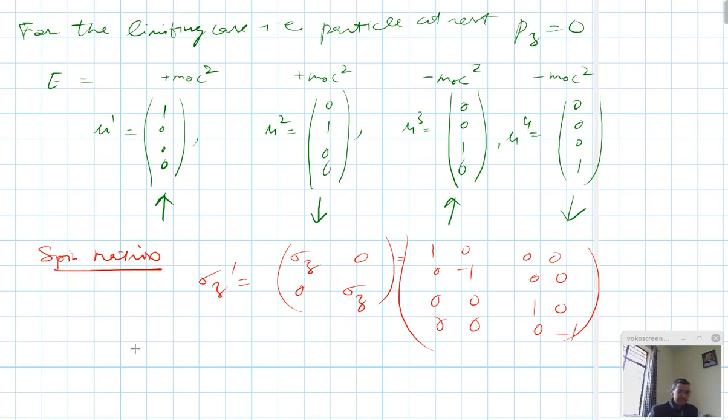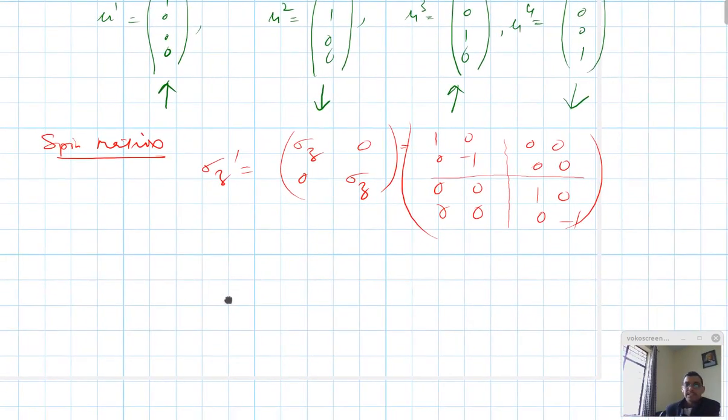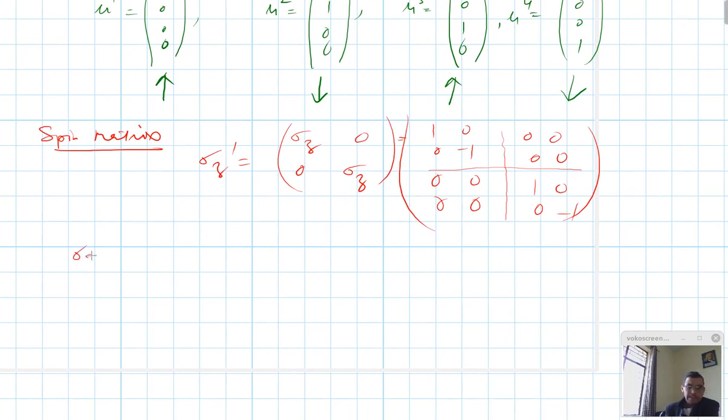So sigma z is this one, and if I use this spin matrix, then if we do a little algebra and apply sigma z prime, u1 gives u1, and sigma z prime u3 gives u3, that's what we are getting.